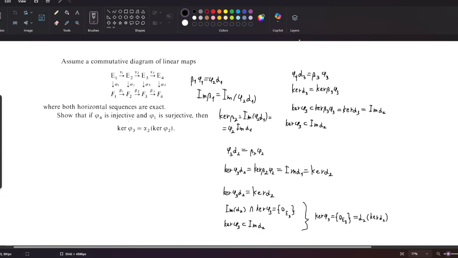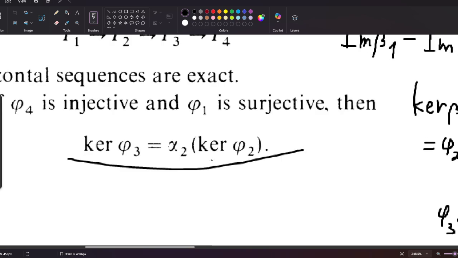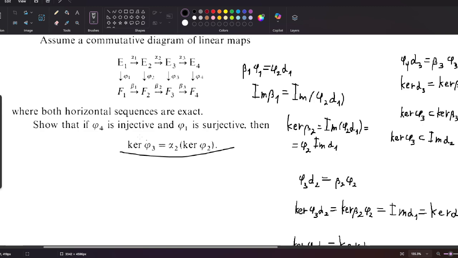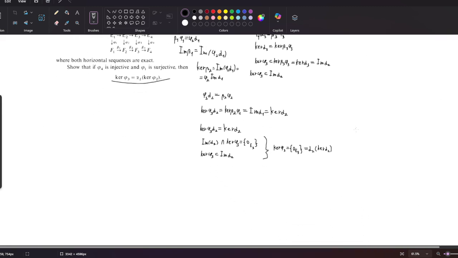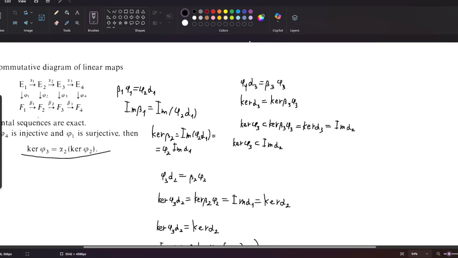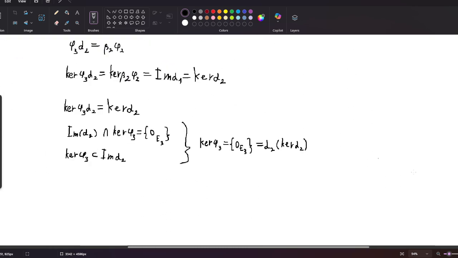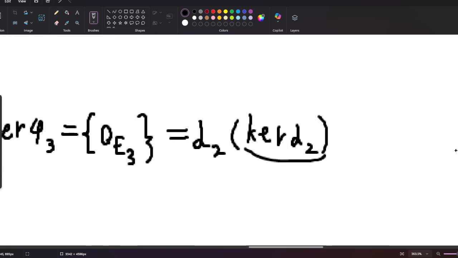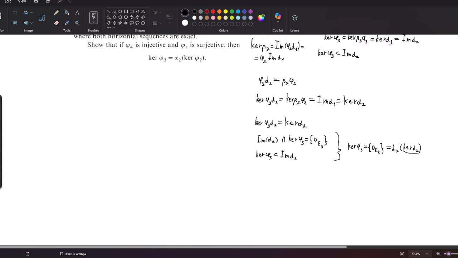Now, notice if we go back, it's almost here. The only thing we have left to do is show that the kernel of phi 2 is a subset of the kernel of alpha 2. So suppose we have an element x belonging to the kernel of phi 2.